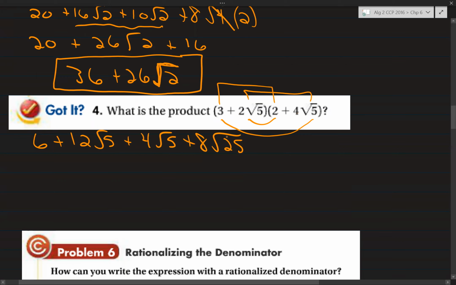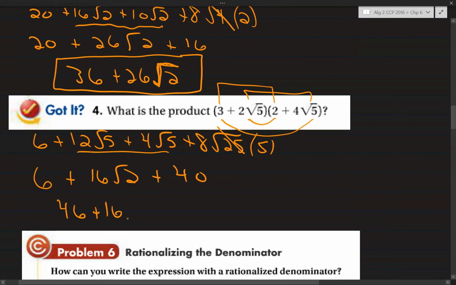Now we know the square root of 25 is 5, so we're going to cross that out. I have like terms in the middle, so 6 plus 16 root 2 plus 8 times 5 is 40. Like terms on the bookends here, 46 plus 16 root 2 becomes my final answer.